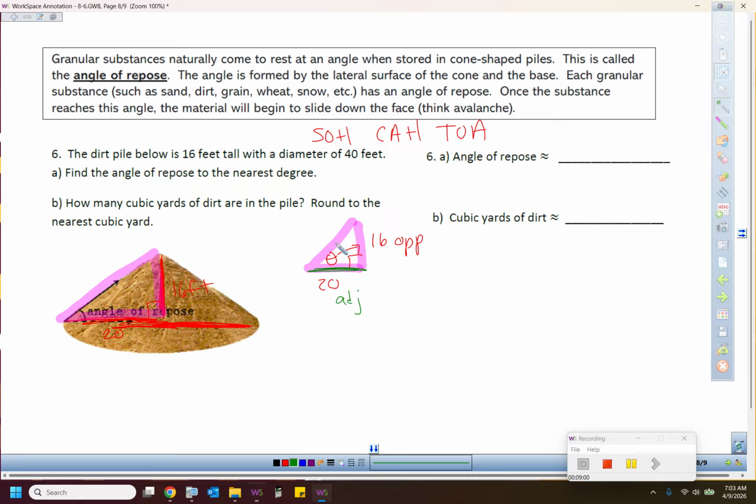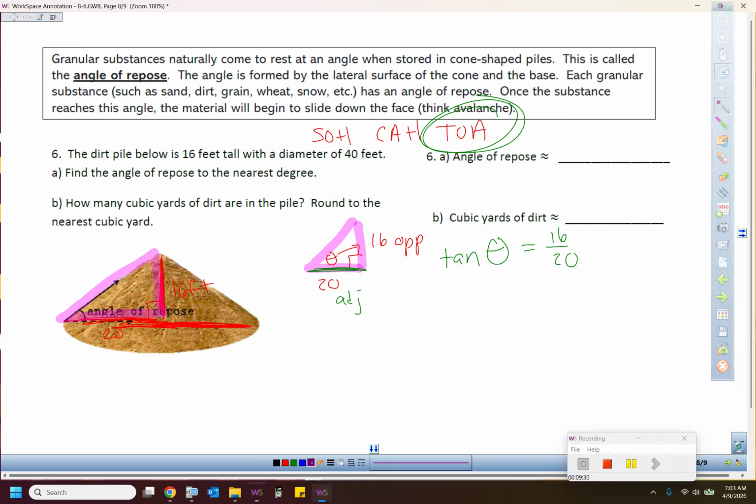It is definitely not the hypotenuse, because the hypotenuse is across from the 90. So we're dealing with opposite and adjacent, which means we will use the tangent. The tangent of the angle measure, which we don't know so we'll call it theta, is going to equal opposite over adjacent. I could care less about reducing that fraction of 16 over 20 because we're just going to punch this in and get a wild little decimal anyway.